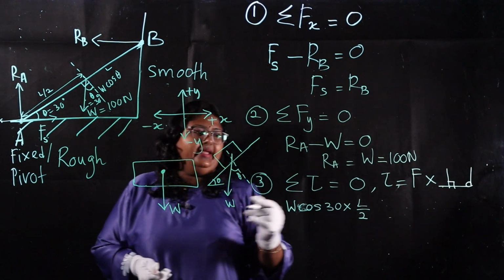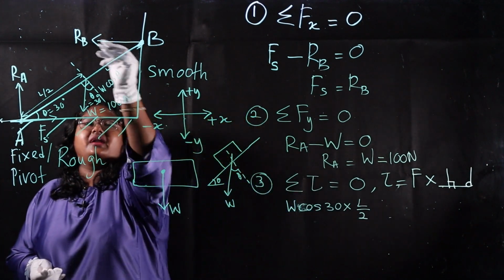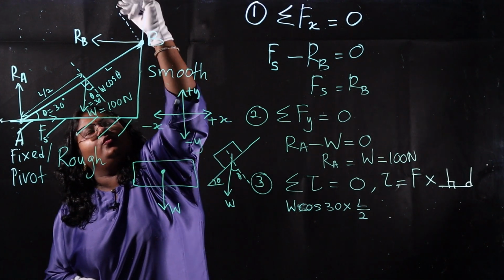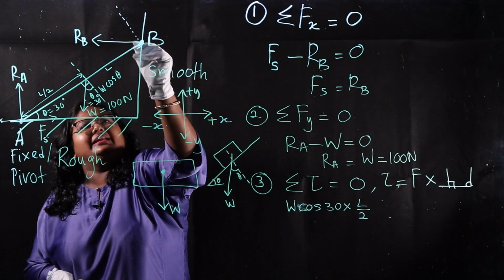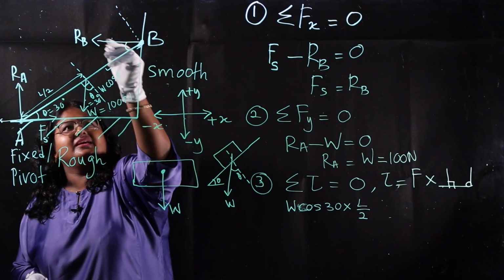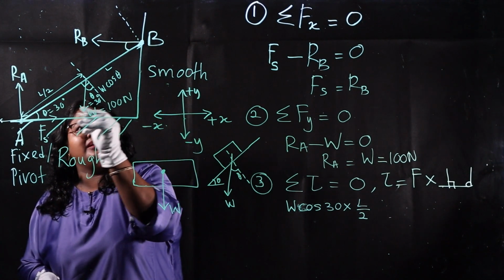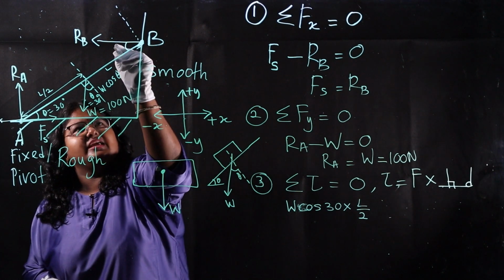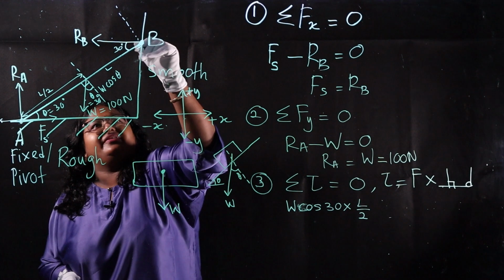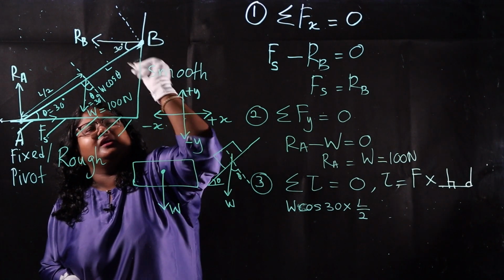Then another one is Rb. For Rb we must also have a perpendicular, so we draw the normal of the perpendicular distance. This angle will be the same as this. Can you see here? The angle here is 30, and this surface is similar to here.